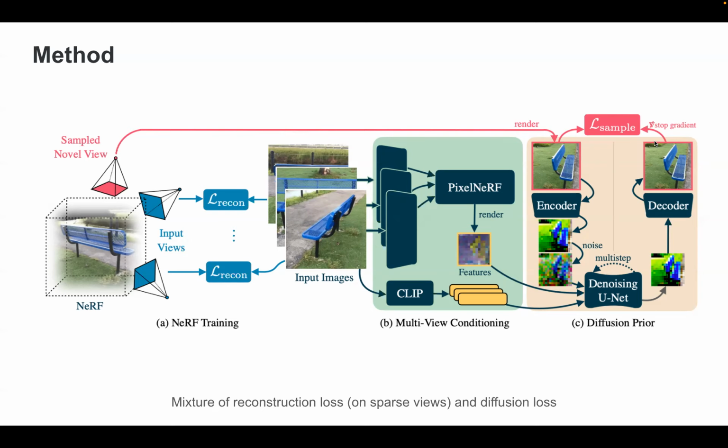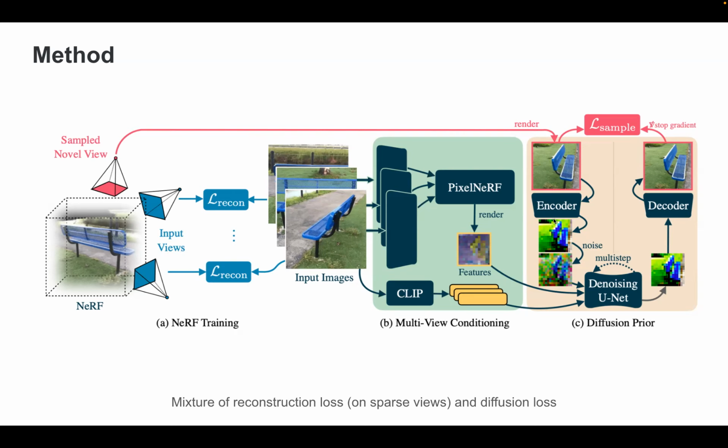But what you also do during training is sample random views, not totally random, but kind of the views in between. For these views, as you don't have any ground truth images to reconstruct, you use the diffusion prior. How this works, you can see on the right, this is the diffusion prior. So you sample a random view from the NeRF on the left.